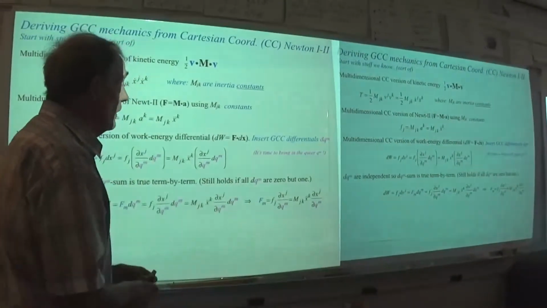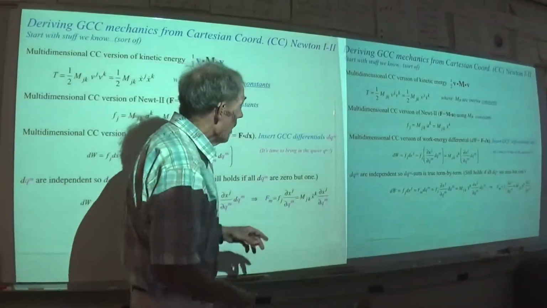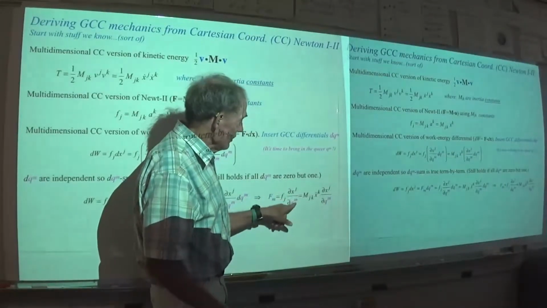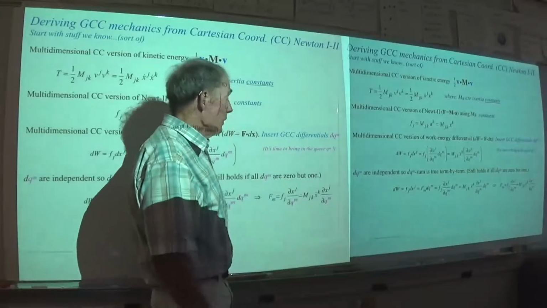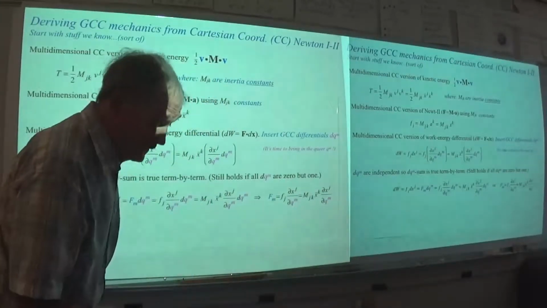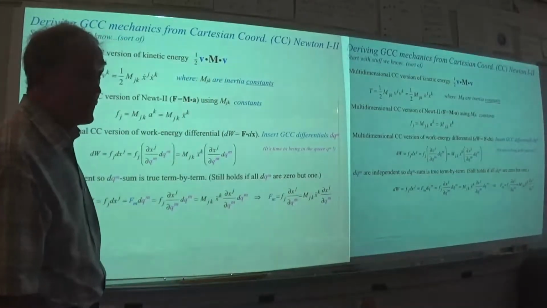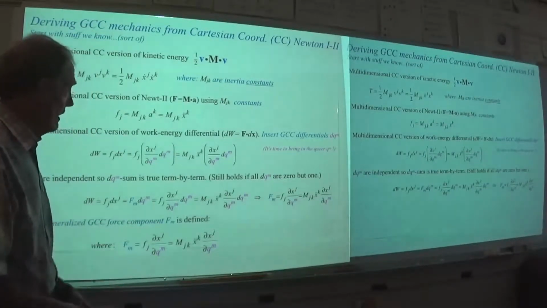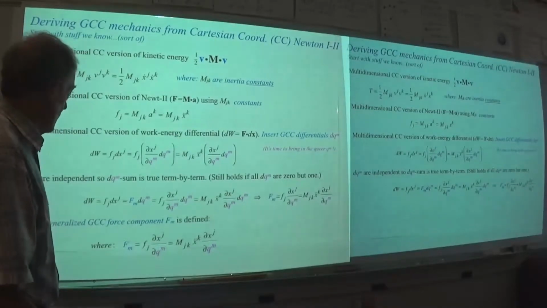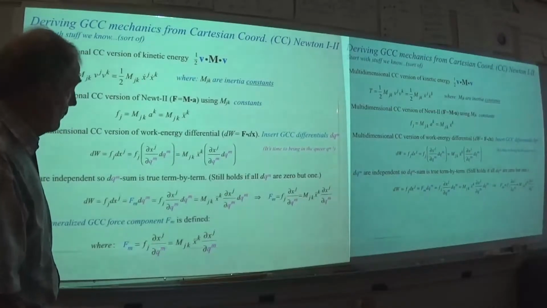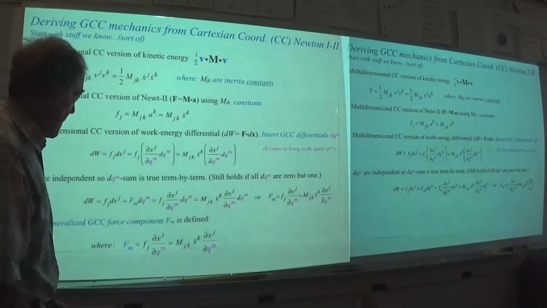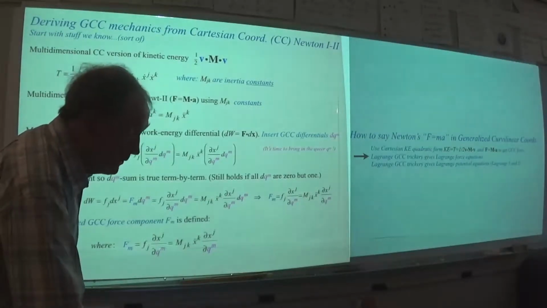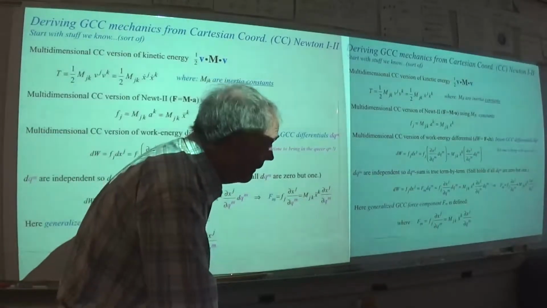So it's just made of one sum over Cartesian variables for each of the q's, in our case r and theta. So far so good? This is what we're after. We have here the generalized GCC force component defined. And I'll put that up everywhere here. That's the next thing we need to do right there.